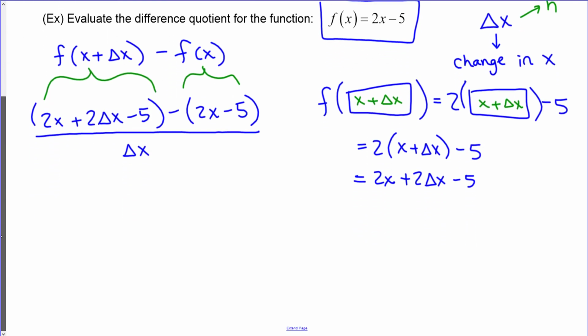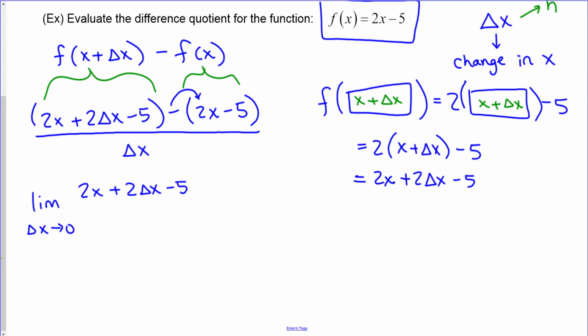So what I'm looking at right now is the limit as delta x goes to 0 of 2x plus 2 delta x minus 5. I'm going to take away the parentheses here, so I'm going to distribute the negative and make it minus 2x plus 5 all over delta x.